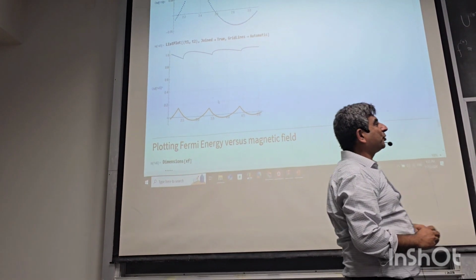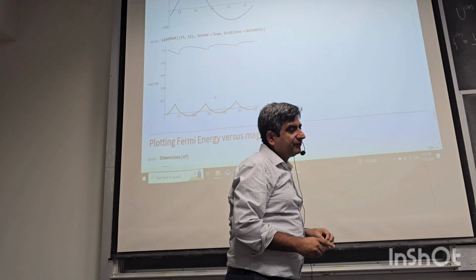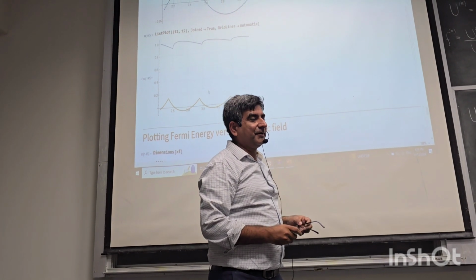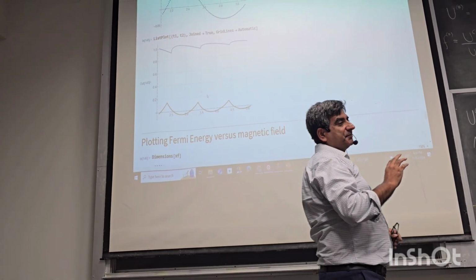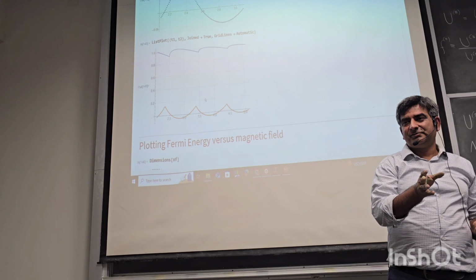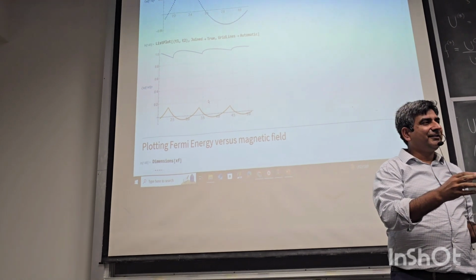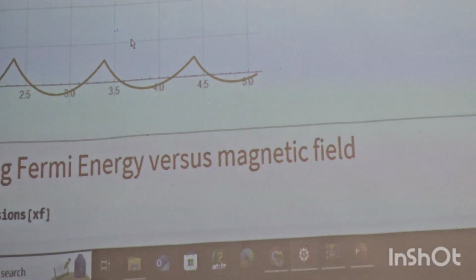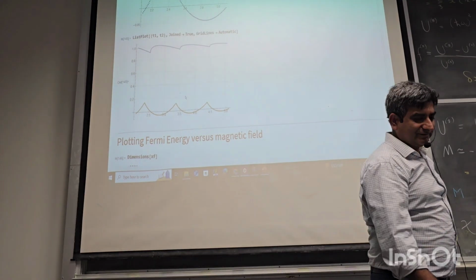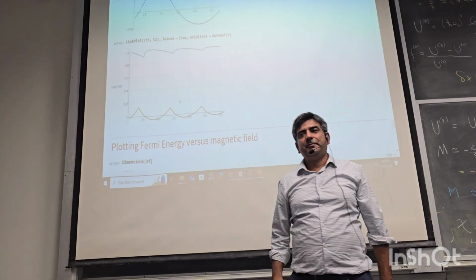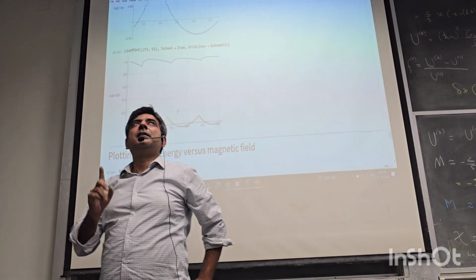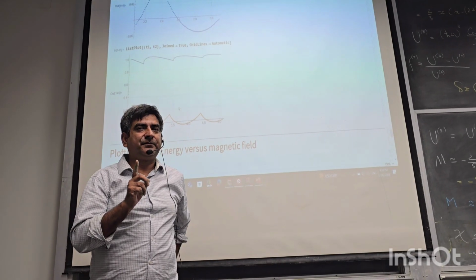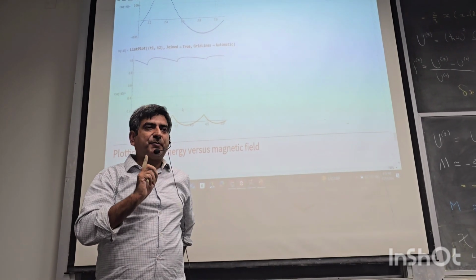Now, we'll also plot the Fermi energy versus the magnetic field. So far I've been plotting with respect to x naught. X naught is proportional to the magnetic field, and it's also proportional to the Fermi energy.